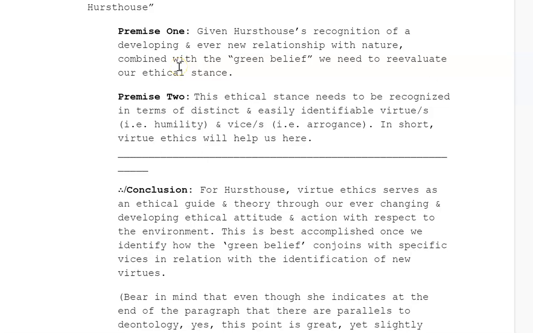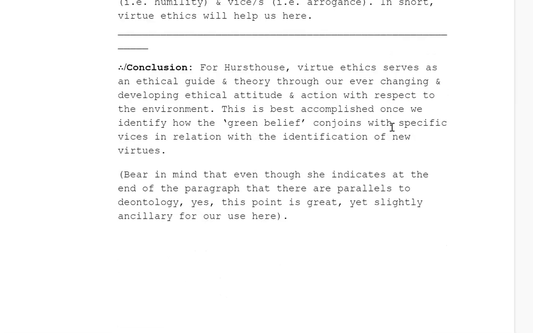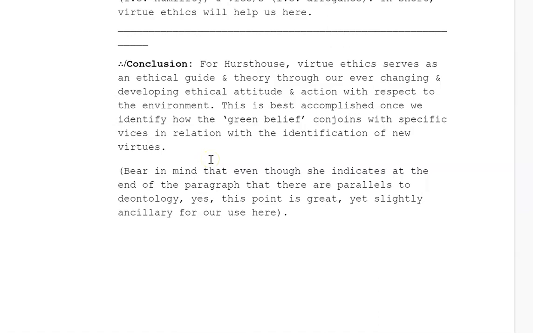In other words, okay? So premise two, this ethical stance needs to be recognized in terms of distinct and easily identifiable virtues, i.e. humility, and vices in terms of arrogance. In short, virtue ethics will help get us there. And we drew our conclusion from there.